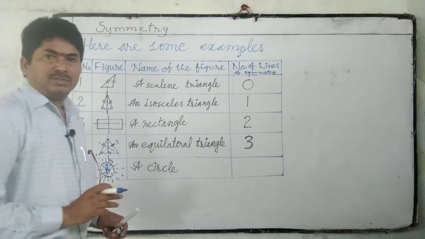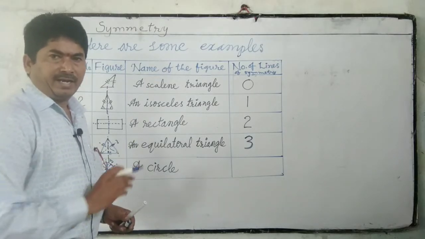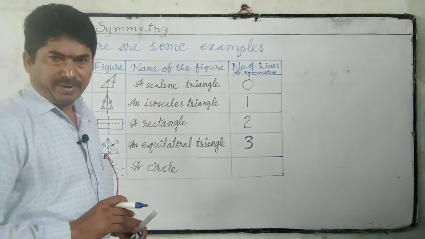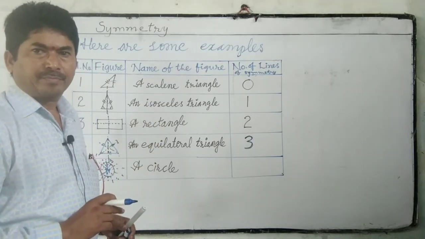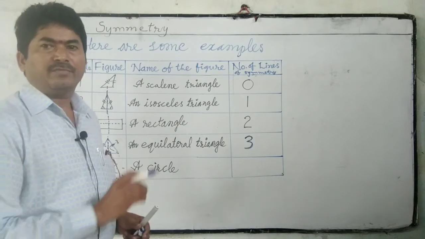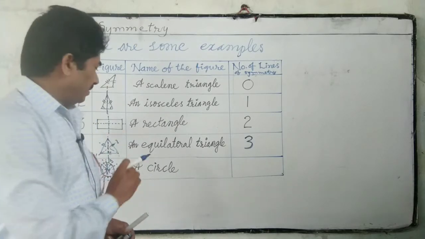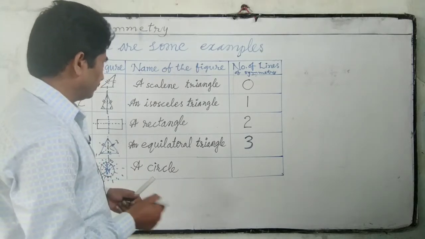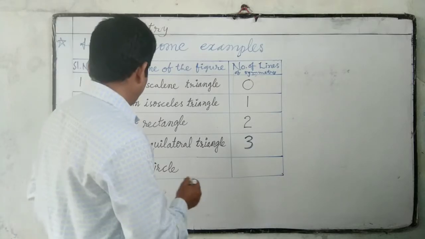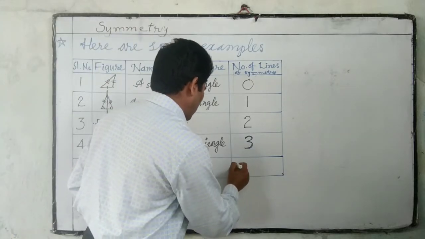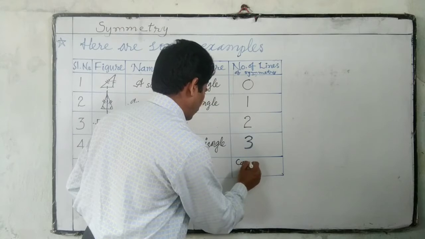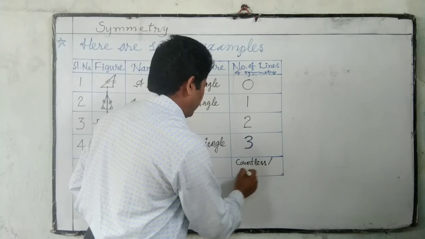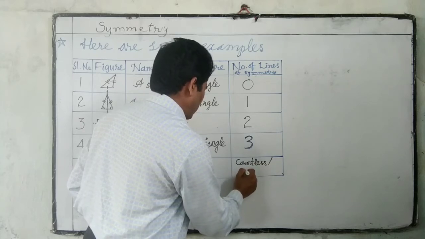So we understood circle. A circle has countless lines of symmetry, meaning infinite lines of symmetry.